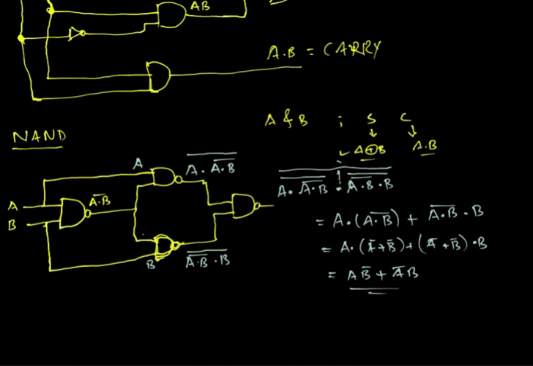So what we are getting is A B complement plus A complement B. So this is equal to A XOR B. So this circuit actually gives A XOR B, that is the actual sum we require.